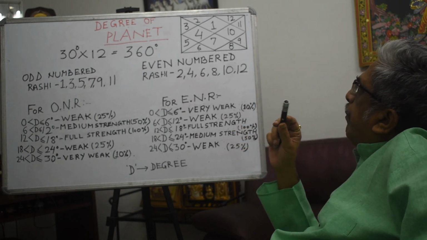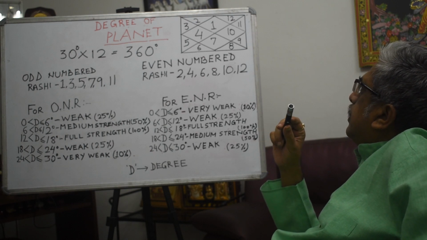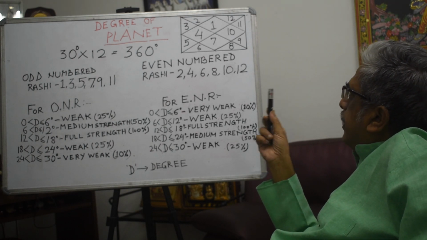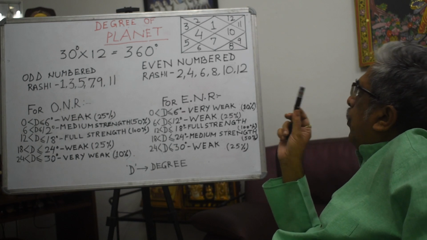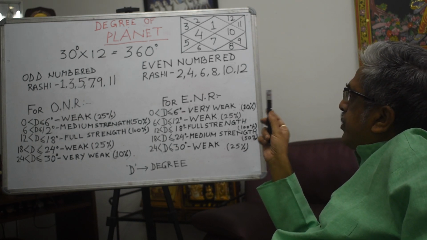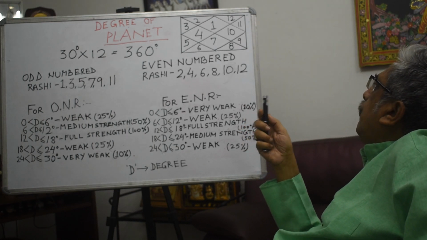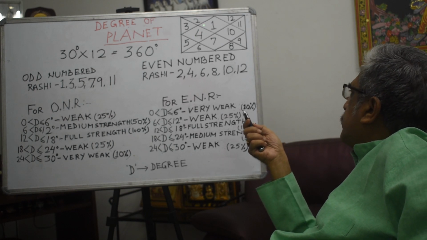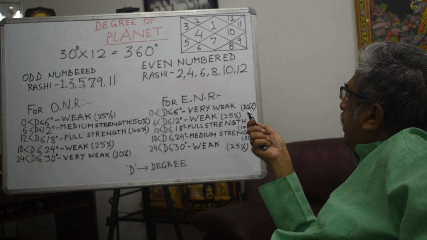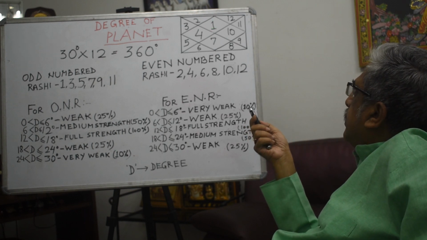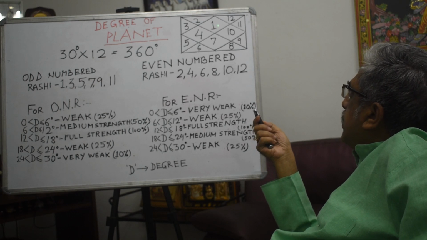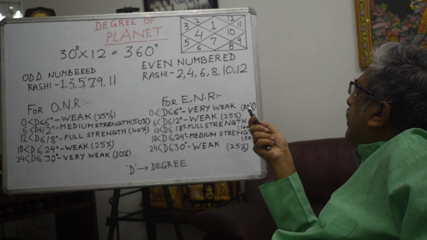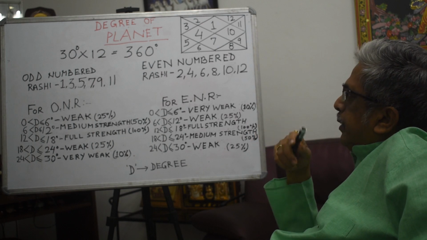Now at the time of birth of a person, it is indicated in the horoscope in which Rashi a planet is placed. For example, in this horoscope, suppose Sun is placed in Aries Rashi, where 1 is written. Now Sun may be at 5 degrees, Sun may be at 25 degrees.